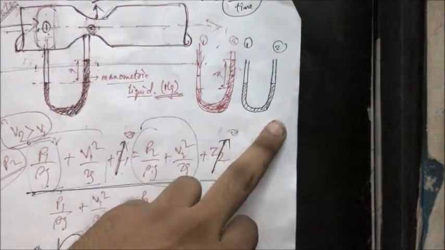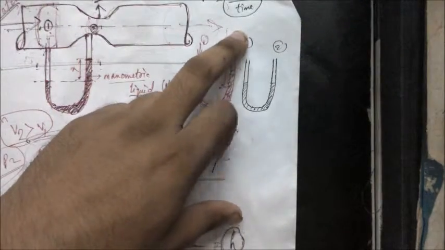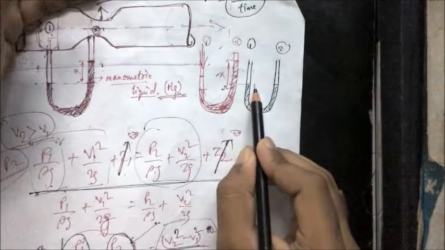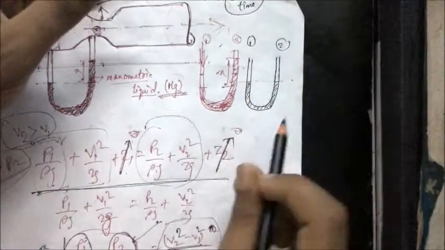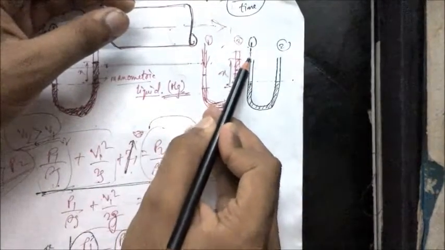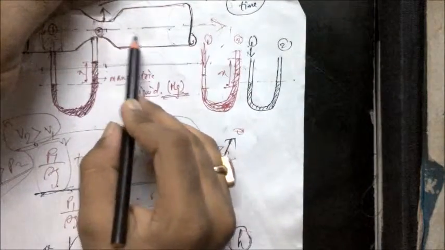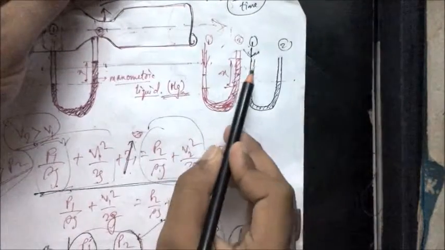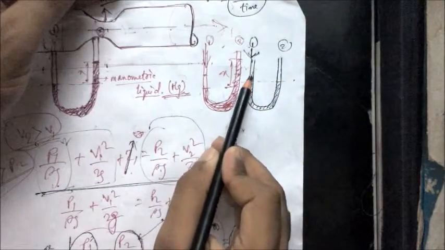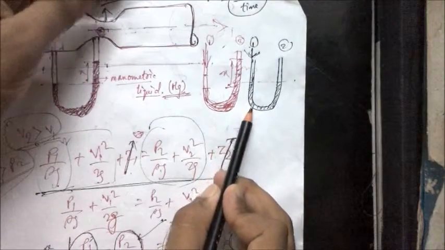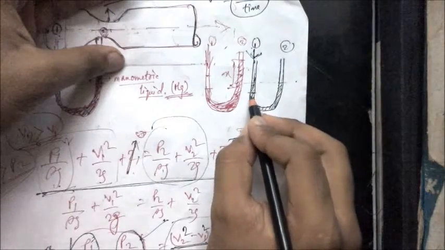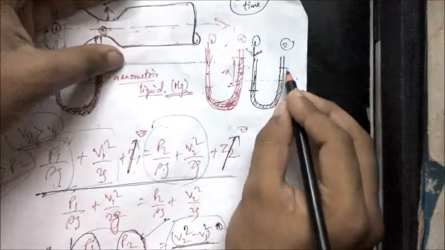When the pressure at 1 and 2 is the same, the mercury level is absolutely level like this. But when the pressure at 1 increases, the fluid flowing through the Venturi meter forces its pressure over here, so the manometric fluid, that is the mercury, rises. So the new level of the mercury is here.